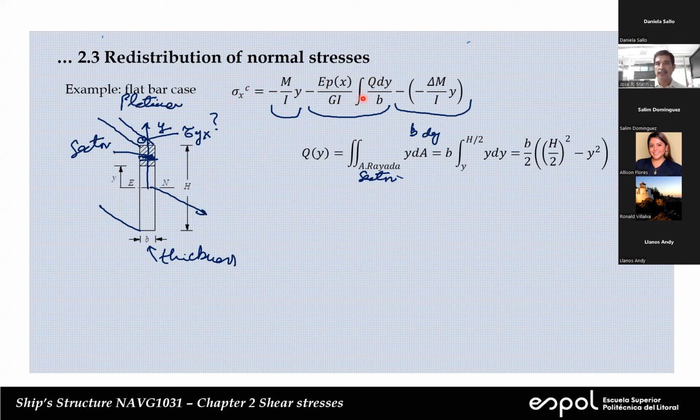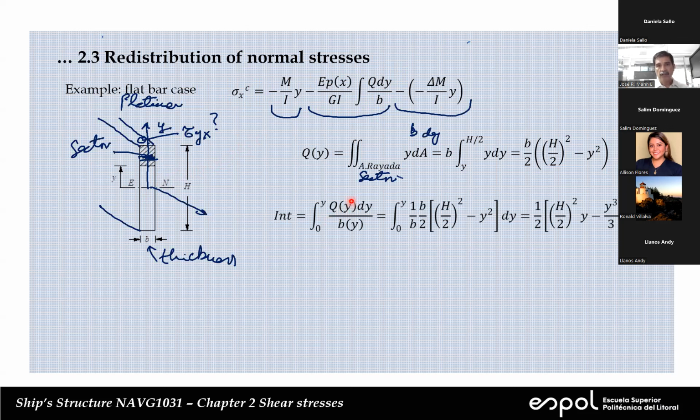So in general this has to be a function of y. This integration goes from 0 to y, and y could be any point in the height of the flat bar.